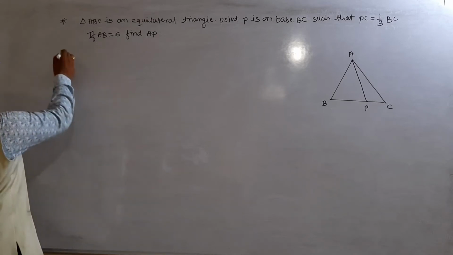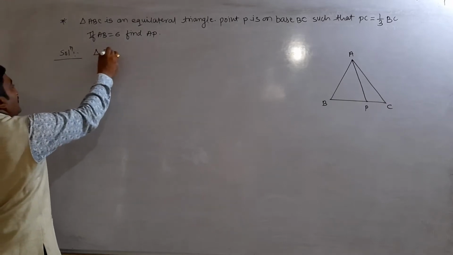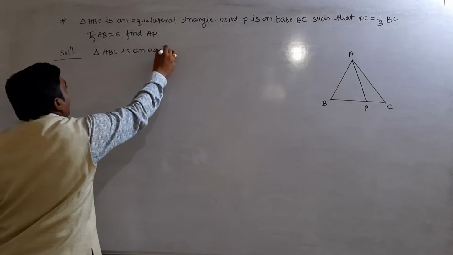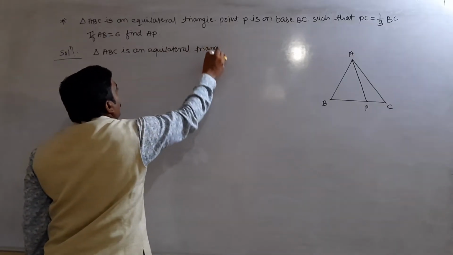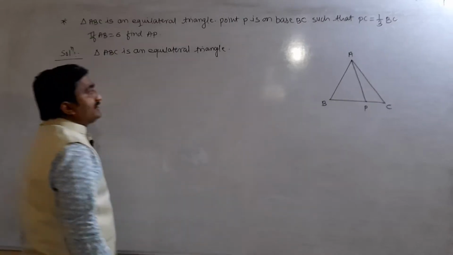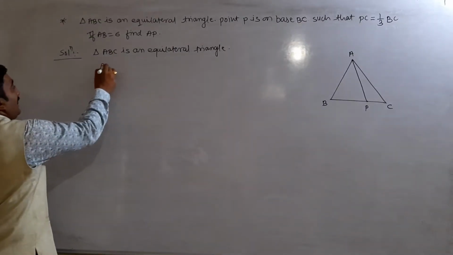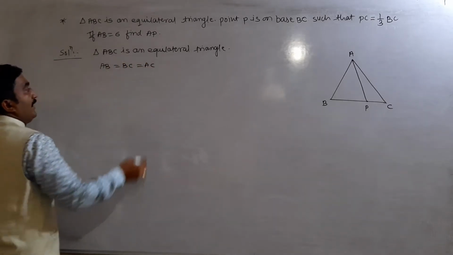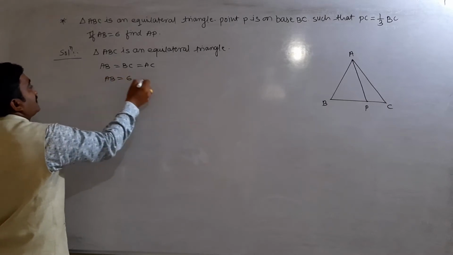So, in the solution of this problem, triangle ABC is an equilateral triangle. This is a given thing. We know that all sides of an equilateral triangle are congruent. So, AB is equal to BC is equal to AC. And we are given that AB is equal to 6.